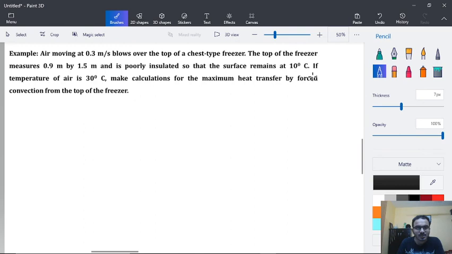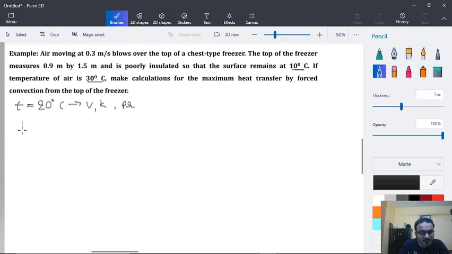Here let's begin. So we will be using the mean film temperature. The first temperature is 10 degrees Celsius and second is 30 degree. So mean film temperature will be T is equal to 30 plus 10, that is 40 divided by 2, that is 20 degrees Celsius. Based on this we will be getting few values, that is the kinematic viscosity nu, the value of thermal conductivity K, and Prandtl number Pr. These are based on heat transfer data book that you can obtain from the tables.